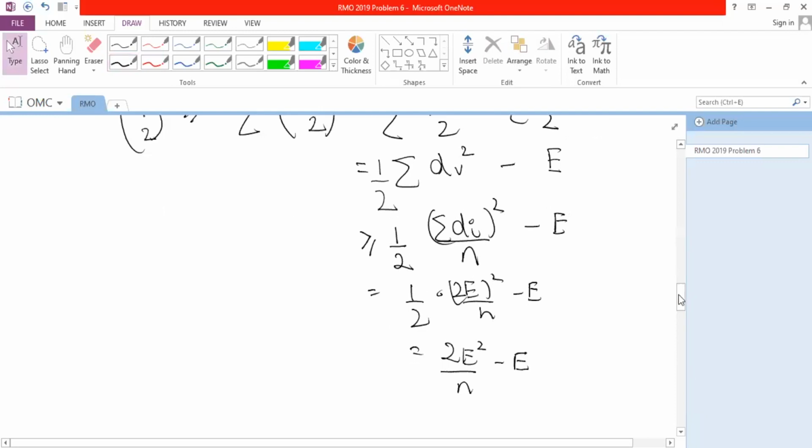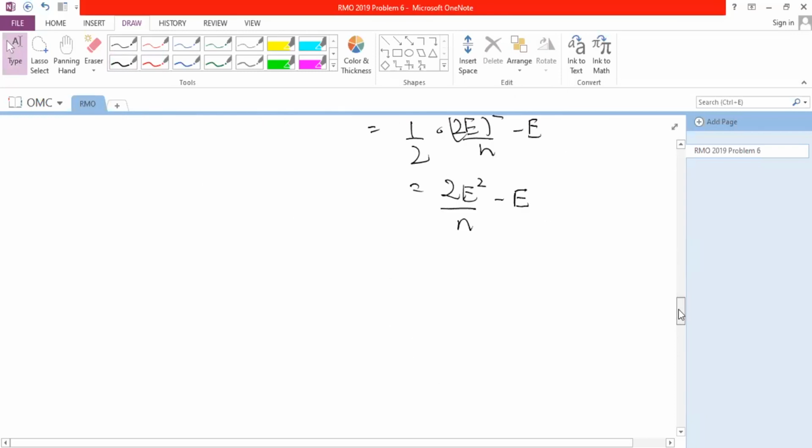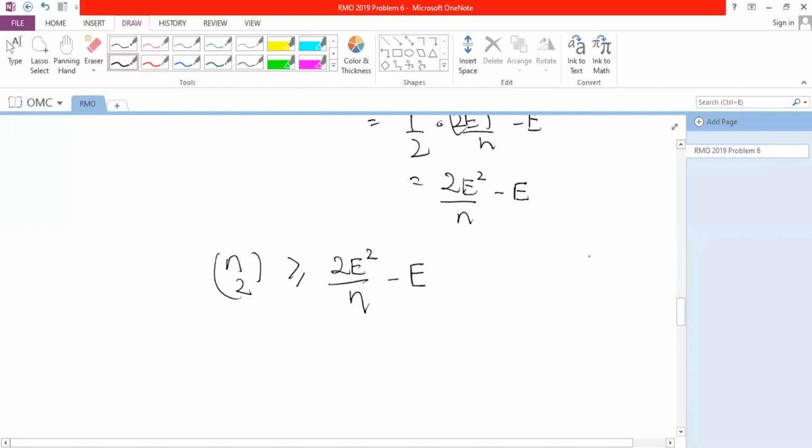Great. So we have the following simplified inequality. n choose 2 is greater than or equal to 2e squared divided by n, minus e. Now what do we know about e? Recall that we had e strictly greater than 5n. So let us try to use this here. We can write this thing as e times 2e minus n, divided by n.